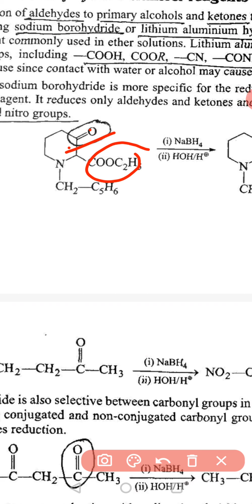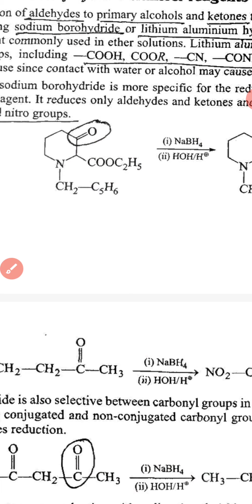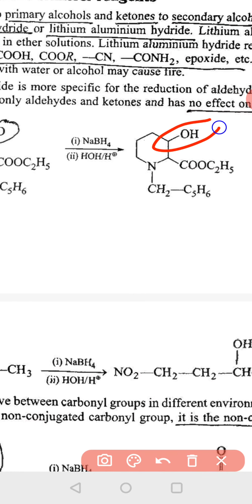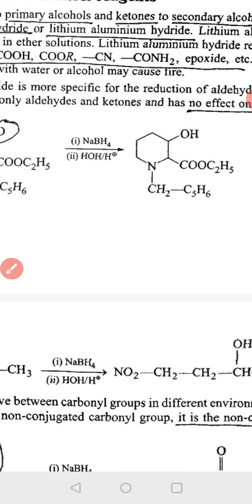So we use sodium borohydride, and in the second step hydrolysis. If we carry out this reduction with sodium borohydride, only the ketonic group gets reduced, and we get a product which has this secondary alcohol in it, and this ketonic group gets reduced to secondary alcohol, and this ester group is left untouched.